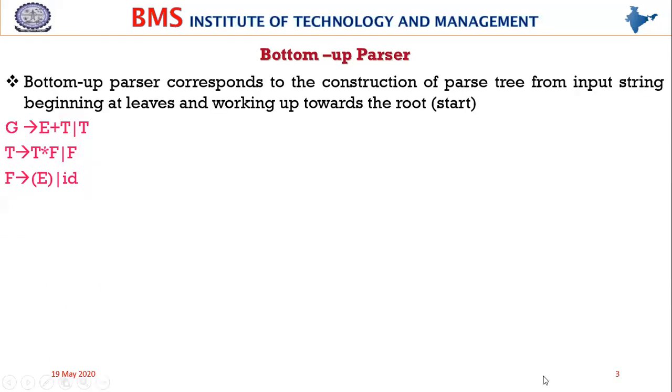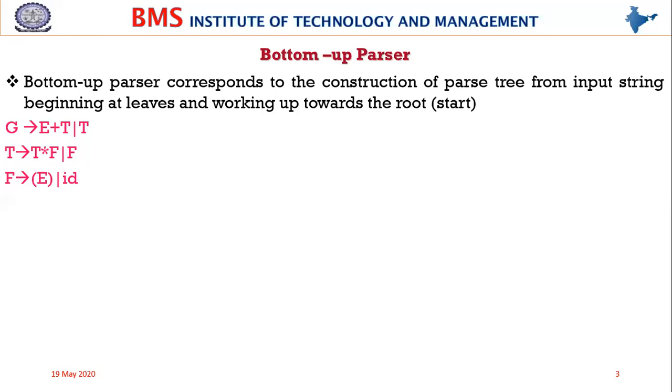Bottom-up parsing corresponds to the construction of the parse tree from the string. It doesn't start from the start state, but it starts from the string and obtains the start state. So that's why we call it a bottom-up parser. In top-down parsing, we used to start with the start state and replace the non-terminal by appropriate productions until we obtain the string.